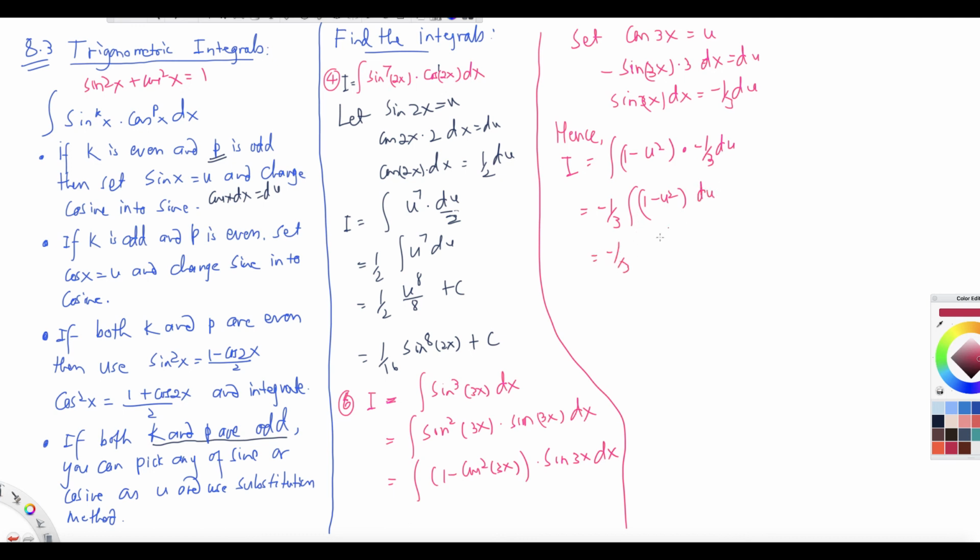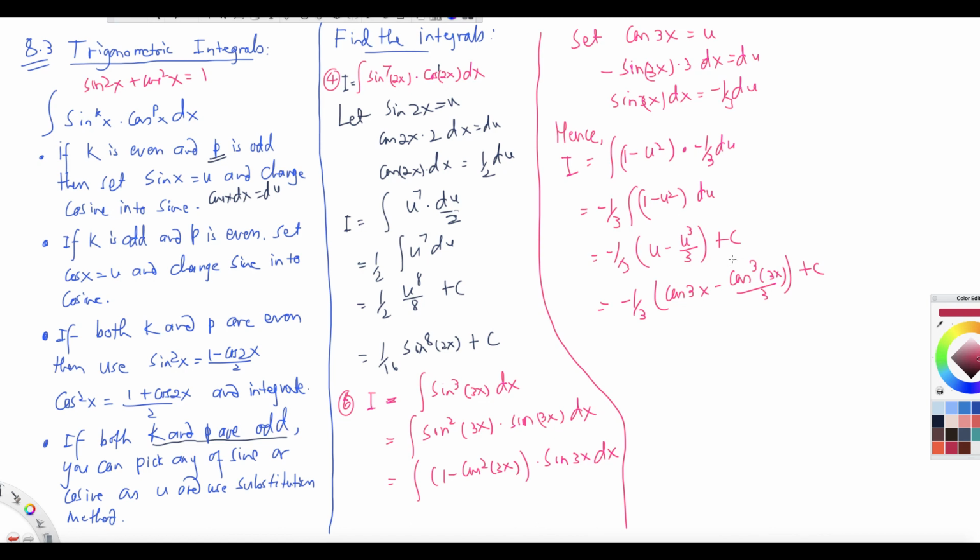What is the integral of 1? It is u, minus the integral of u squared, which is u cubed over 3, and then plus c. Let me plug back in the cosine. So that will be negative 1/3 times u, which is cosine 3x, minus u cubed, which is cosine cubed 3x over 3, and then plus c. That is the final answer.